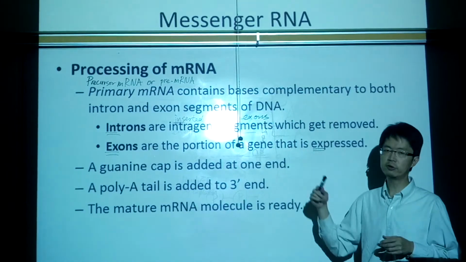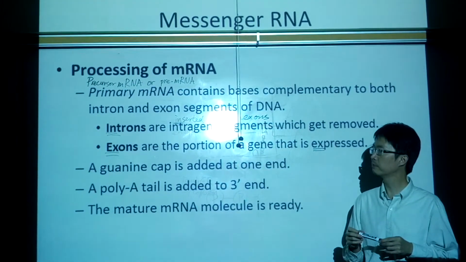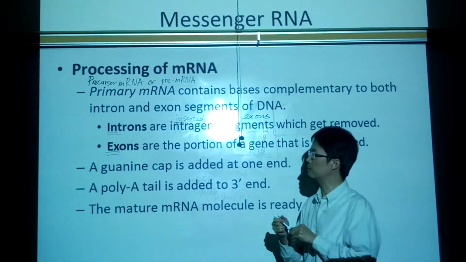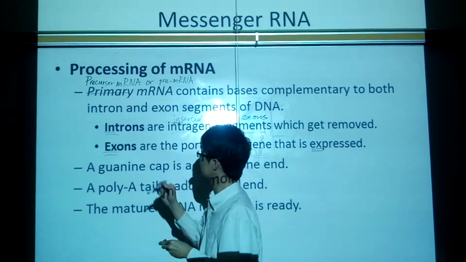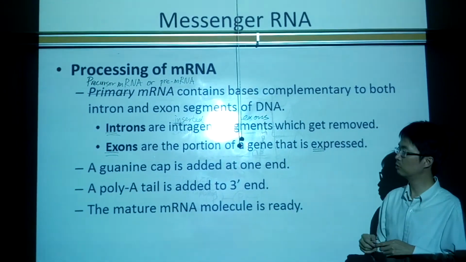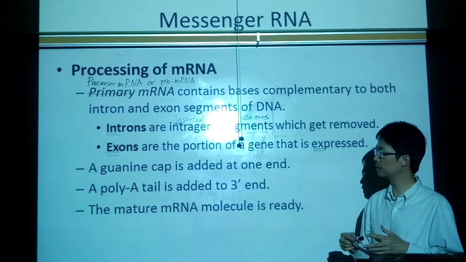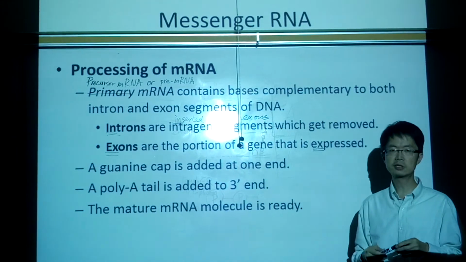After we remove introns from the messenger RNA, or the pre-RNA, it shouldn't be called primary, it should be pre-RNA. After we remove the intron from the pre-RNA, then what happened? The intron can be recycled.